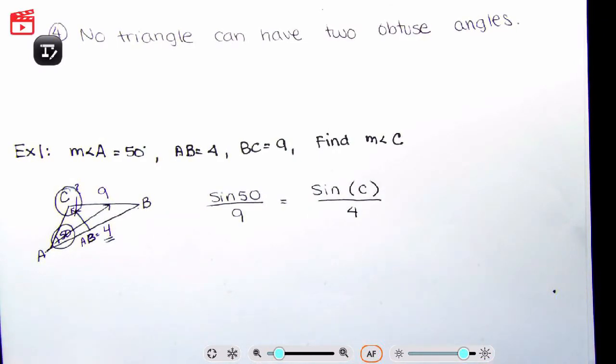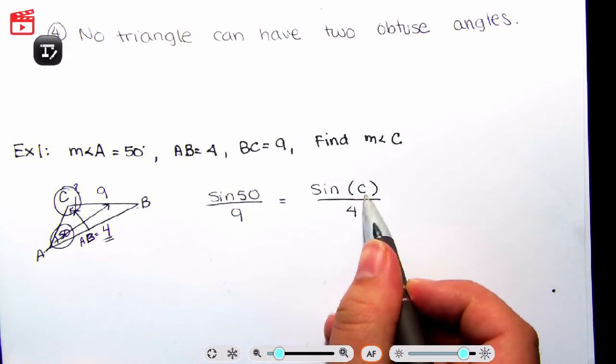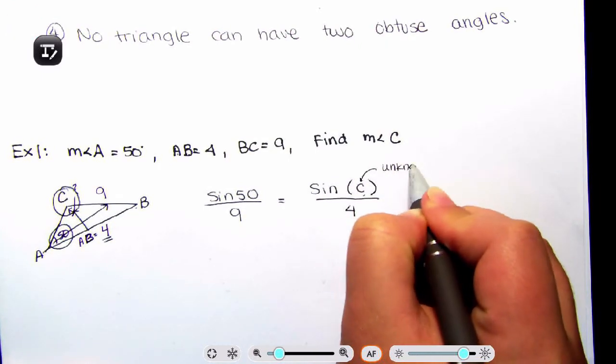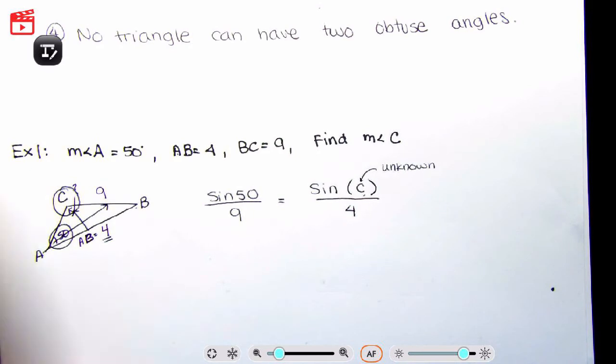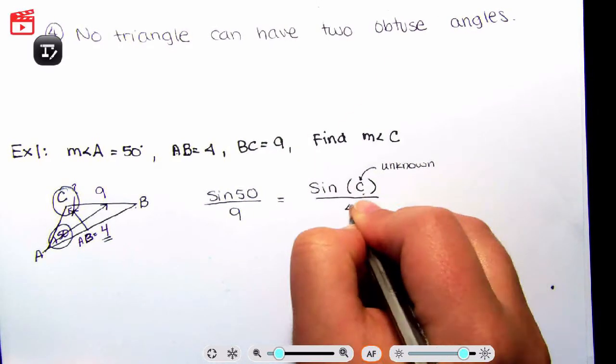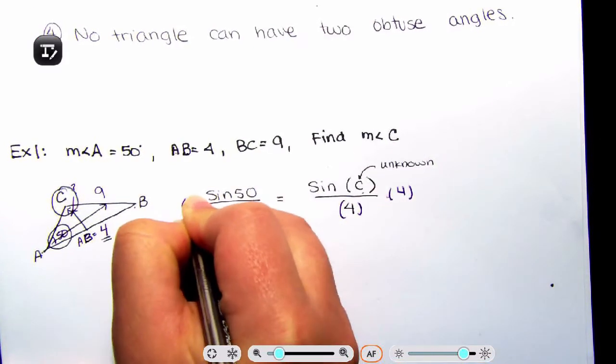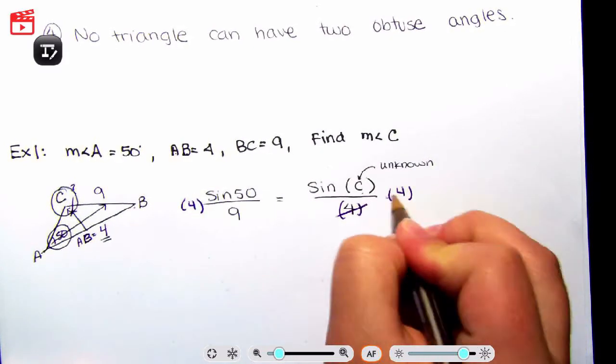So this is where it's a little different from example 1 and 2 previously. We are no longer finding the side length, we are finding the angle measure. So this is your unknown. To find it, you're going to do the following. Get rid of your denominator, so I'm going to multiply by 4 on both sides. So my fractions cancel.